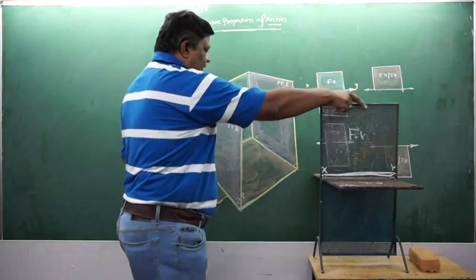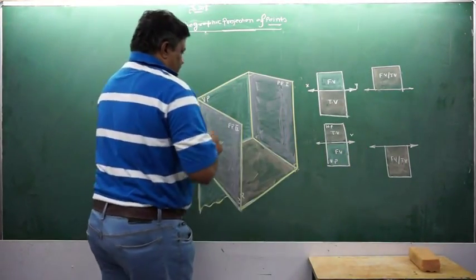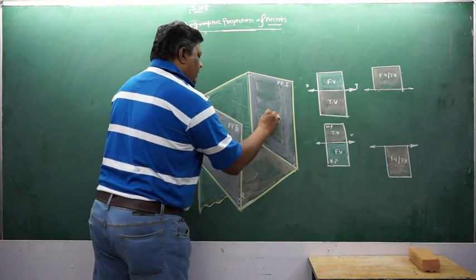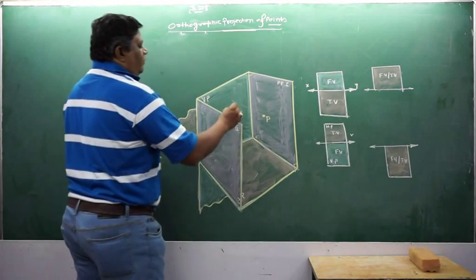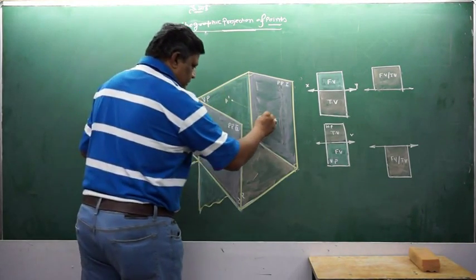So for that, again let's take the help of the point. Say we consider that point again out here. Here we have this as P. Obviously its front view is coming as P dash.